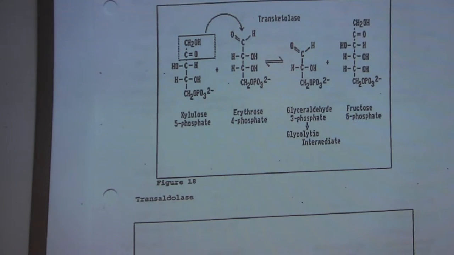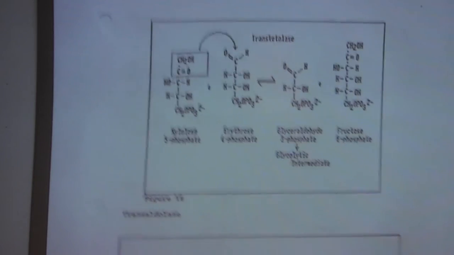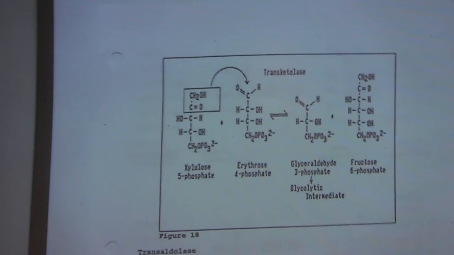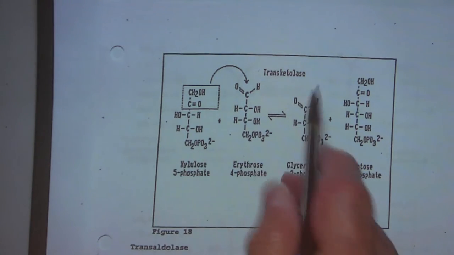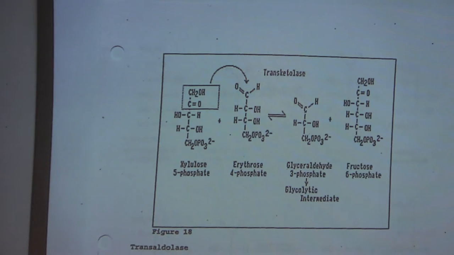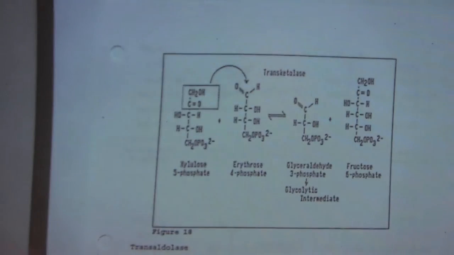Okay, now your question is, what does this have to do with anything? Good question. These reactions, for example transketolase and transaldolase, show you that transketolase is a type of enzyme that acts on sugar phosphates, and this is where the pentose phosphate pathway comes in. We've got a bunch of sugars hanging around.